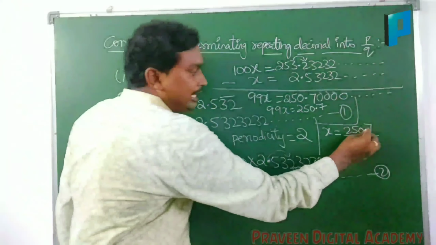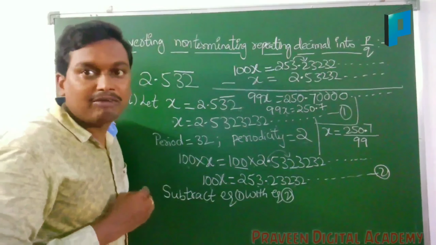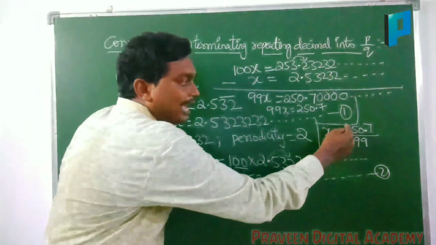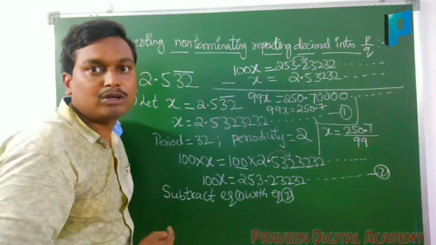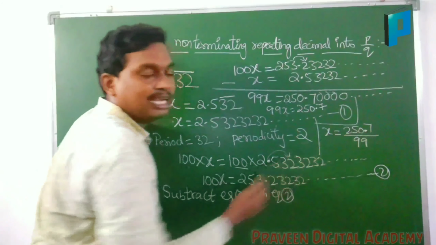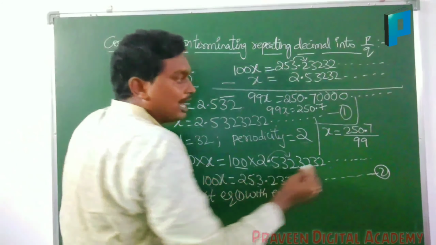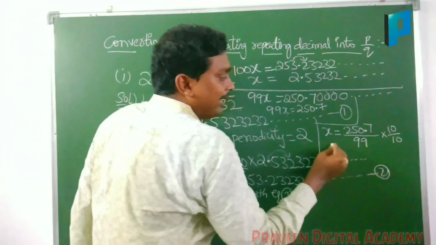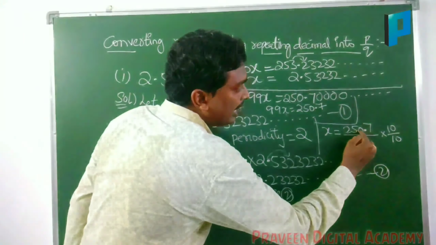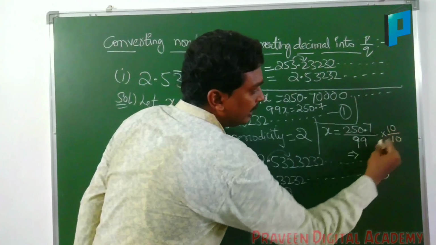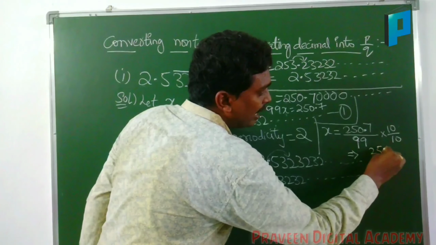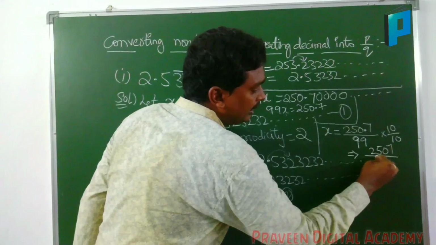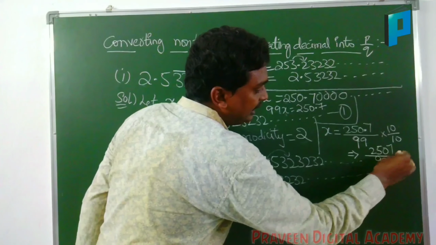In a fraction you will not have a decimal in the numerator or in the denominator. So what to do? Here the point has one number after it. If you have that, multiply and divide by 10. 250.7 into 10 is 2507, and 99 into 10 is 990.